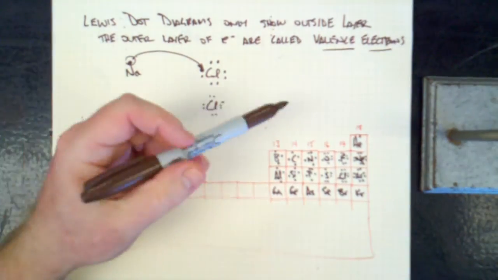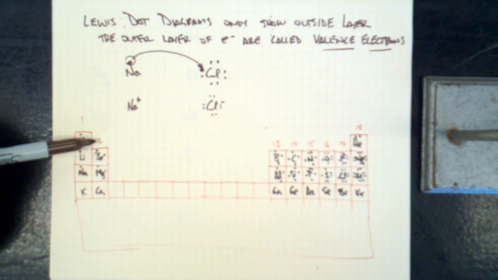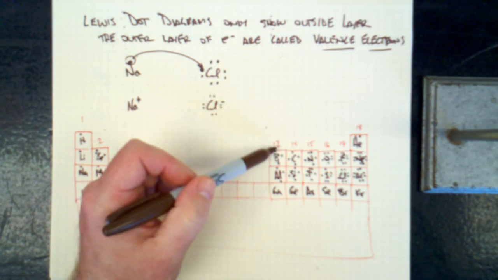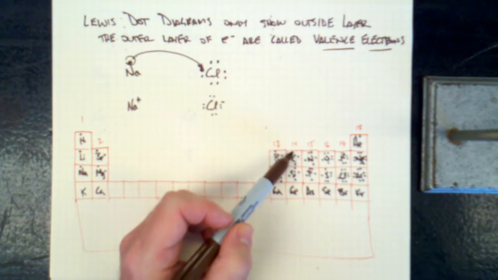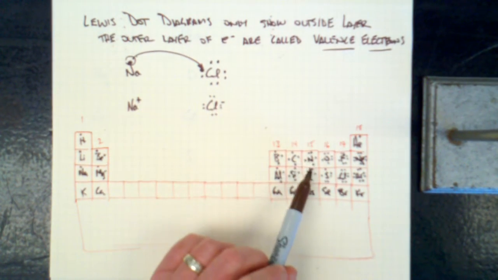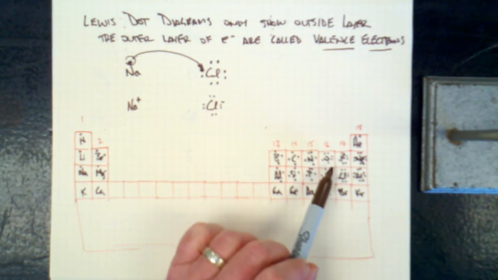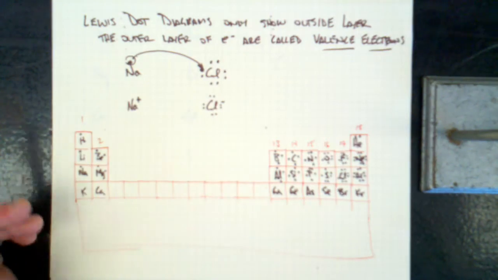Now, you probably noticed by now that in column 1 we have 1 electron. In column 2 we have 2 electrons. In column 13, which ends with a 3, we've got 3 electrons. Column 14, 4 electrons. Column 15 has 5 electrons. Column 16, 6. All of them in the same column have the same number of valence electrons.